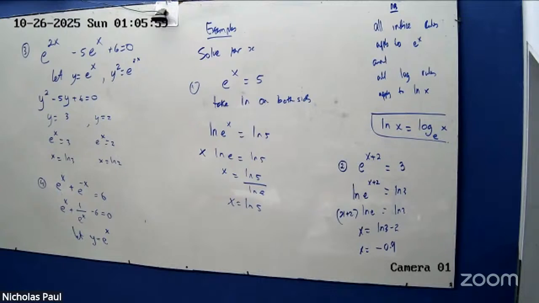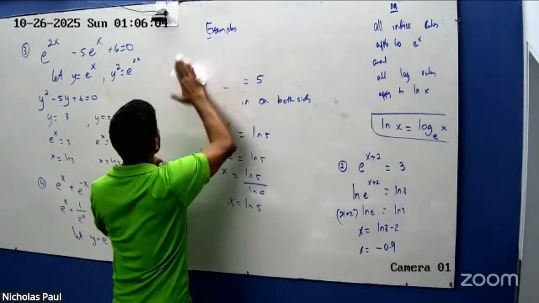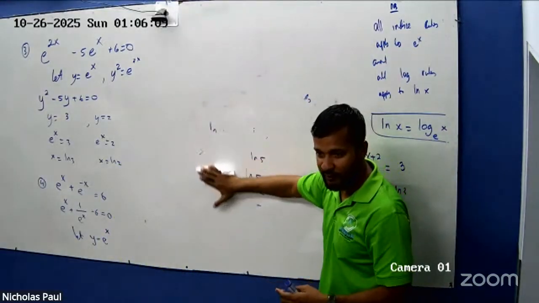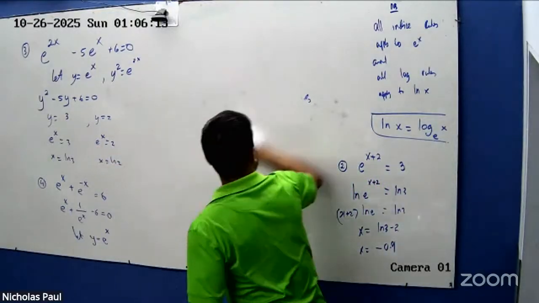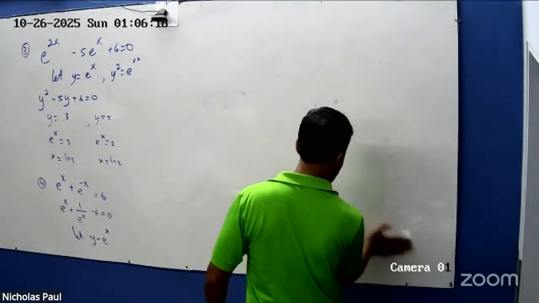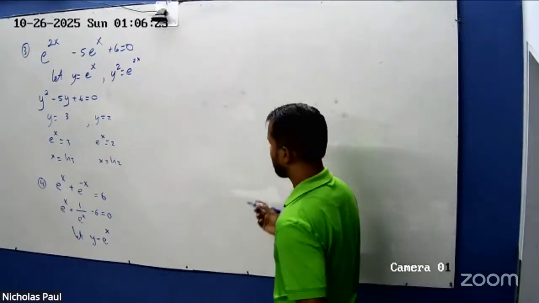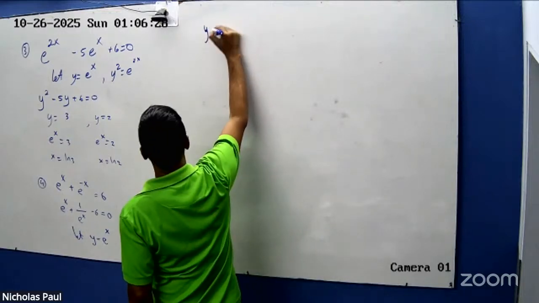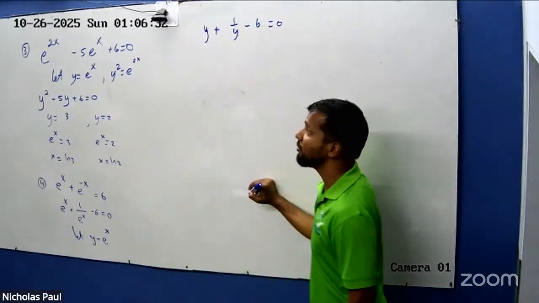You're done? Right, so these questions are exactly like what we did last day, right? It's just that you're working with e now. So I have y plus 1 over y equals 6.